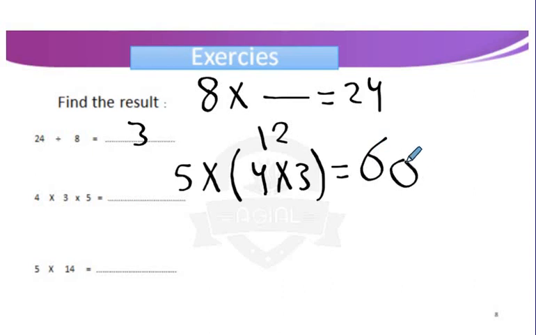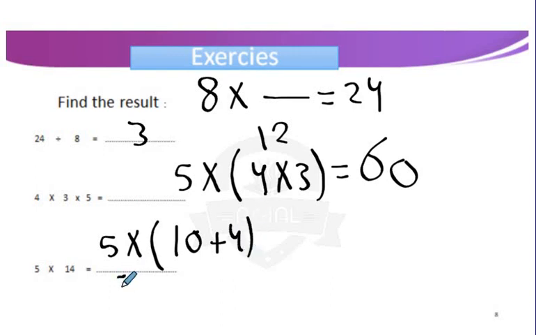Okay, the last one, 5 multiply 14. We use it if we want to multiply two numbers, one of them greater than 10. This is called what we can say? Excellent. Distributive property. So we put 5 multiply 14 equals, excellent, 10 plus 4.